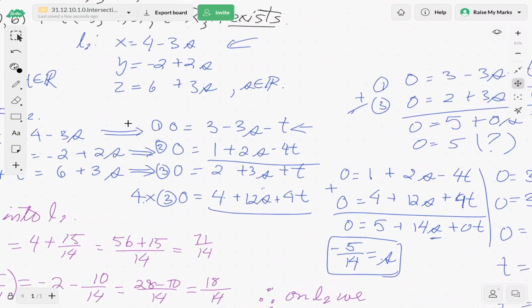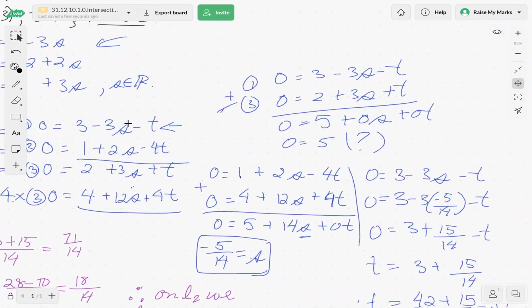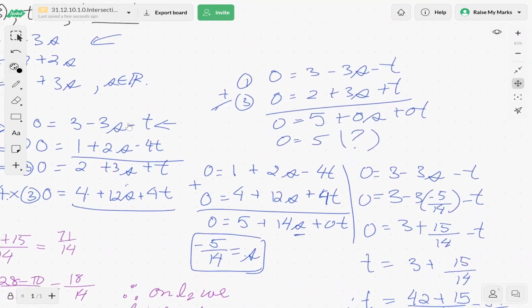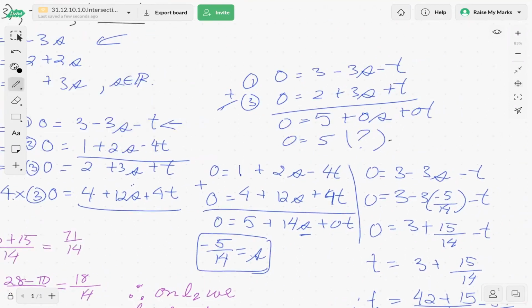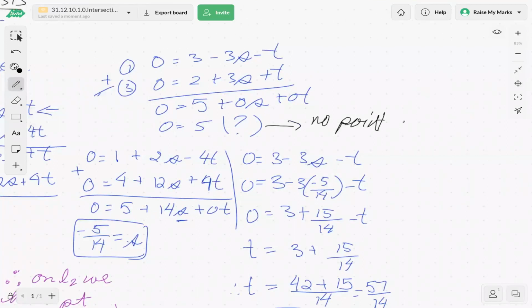Well, if I had done it one way, where I took equation 1 and equation 3 and added them together, we would have seen that 0 equaling 5 makes no sense. So there's no point of intersection. Even just from here, we could have written no point of intersection.